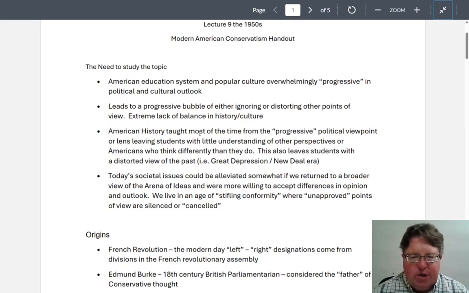And so that's why I go over other points of view. Also, one of the reasons that I think we have a lot of trouble today with civil discourse is we have too many people in society that can't and won't understand other points of view. They think their point of view is 100% correct and the other point of view is completely false. And they even turn it into a moral thing. My political opinions are moral, therefore other political opinions are immoral.